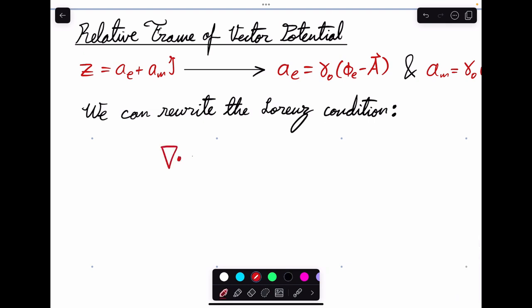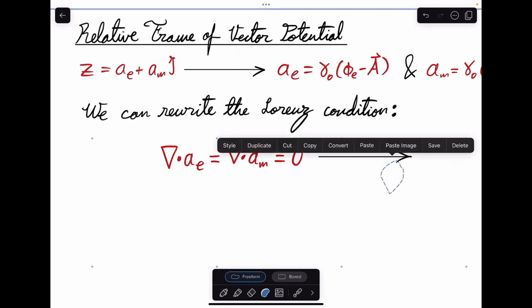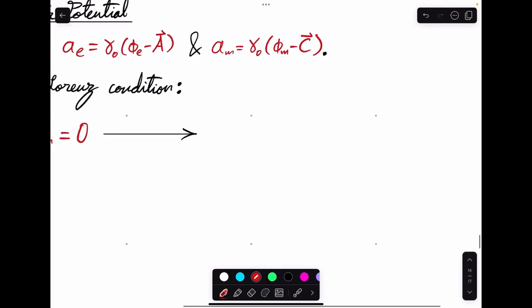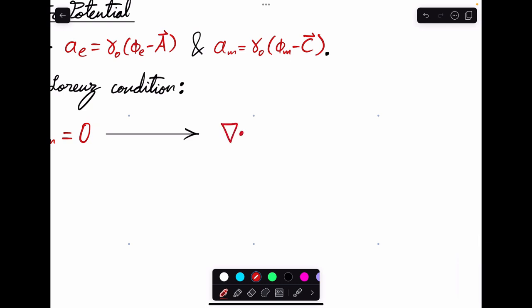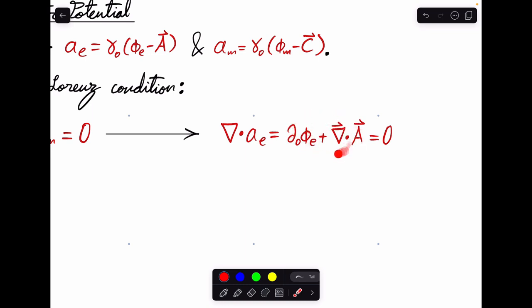So if the divergence of AE is equal to the divergence of AM, which is equal to 0, then expanding AE out, we get partial naught phi E plus the divergence of A, which is equal to 0, because this is the scalar part of this vector equation.